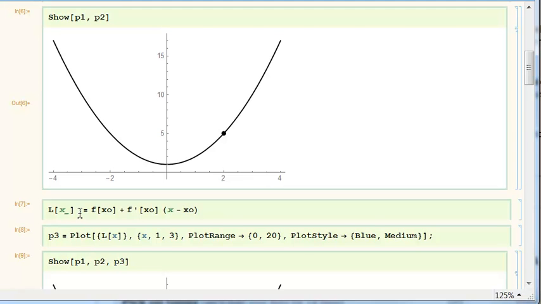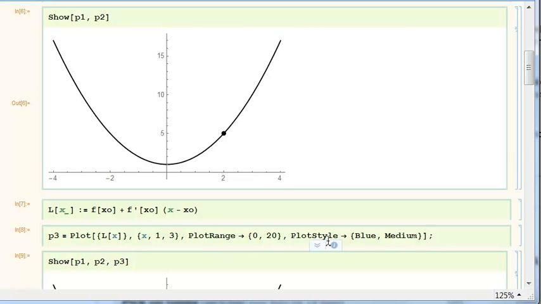This is defining another function called L of x, the linearization of the function f, which is y0 plus the slope times x minus x0. And here's the plot of that linearization from 1 to 3, since we don't need the whole thing, since we're only using a little chunk of the tangent line.